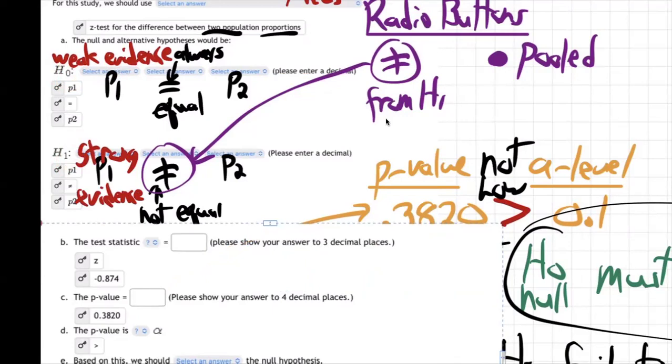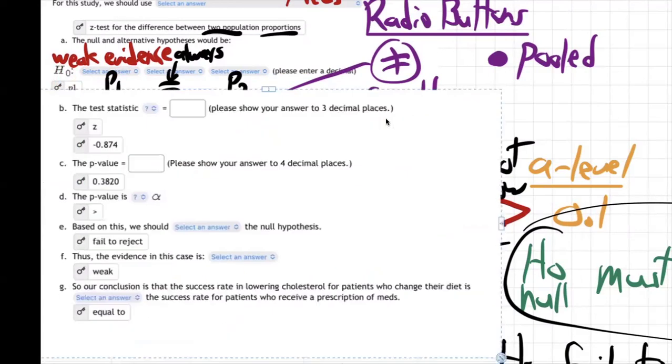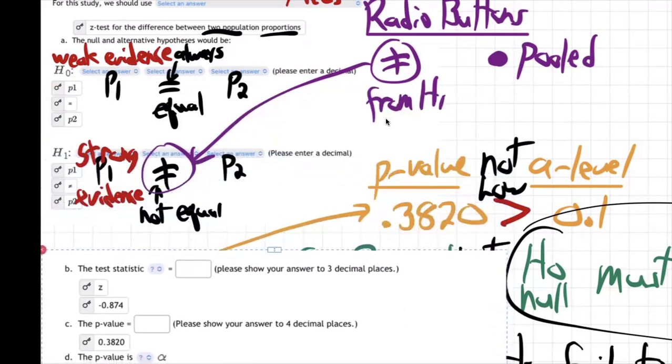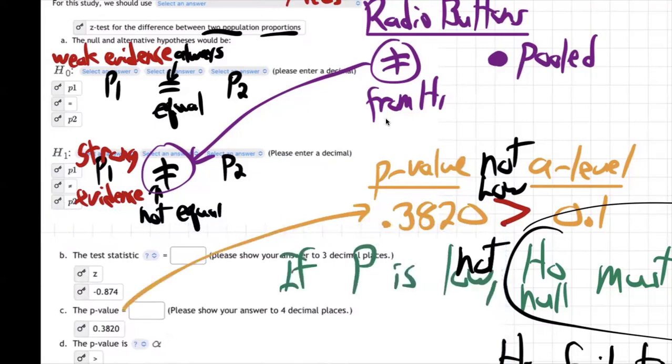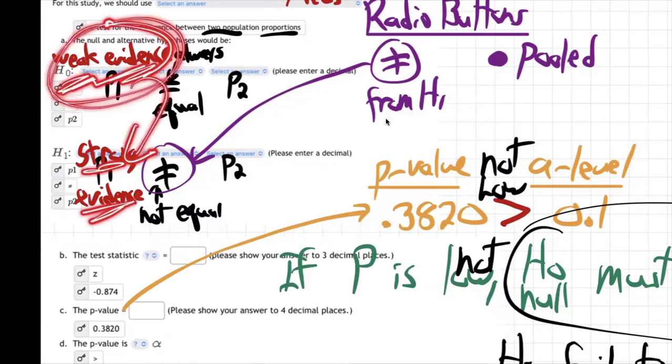So H0, we assume the person is innocent. And if evidence is weak, if there's not strong evidence, you'll just stick with that assumption, H0. The person is innocent. But if there's strong evidence, you'll go with the other option, H1.